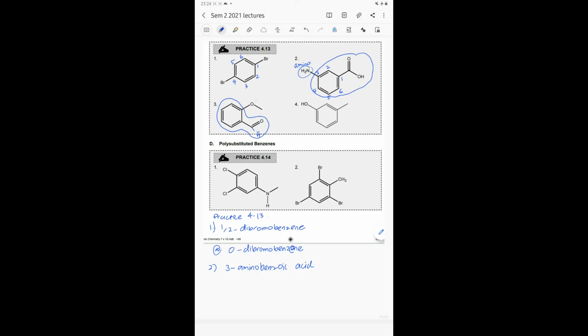So this is methoxy. So the name will be, numbering 1, 2, 3, 4, 5, 6, 2-methoxybenzaldehyde.